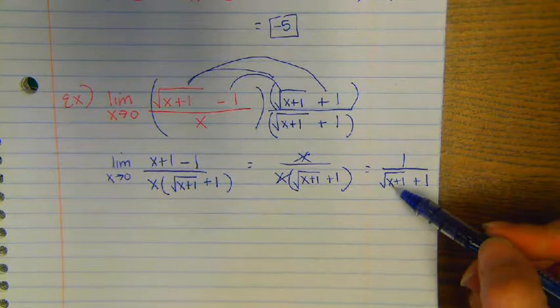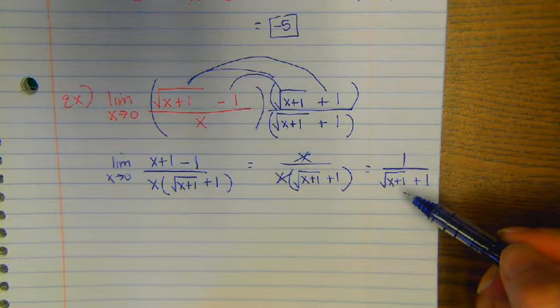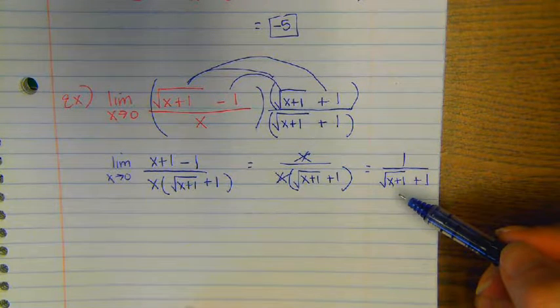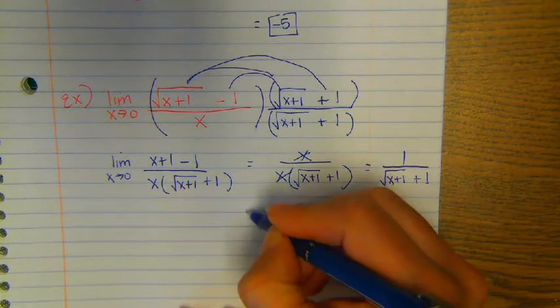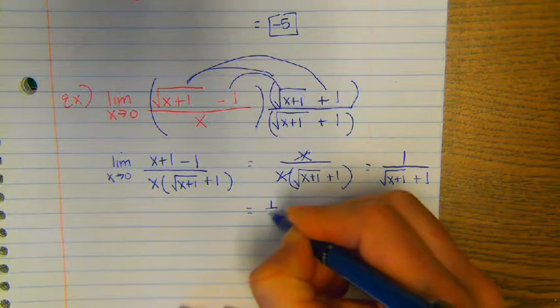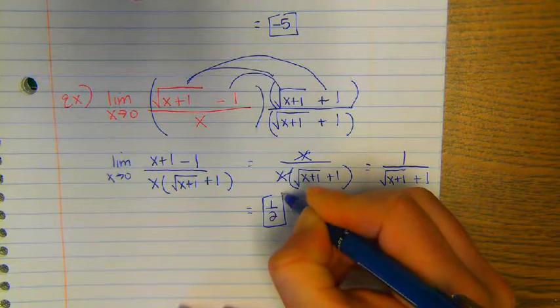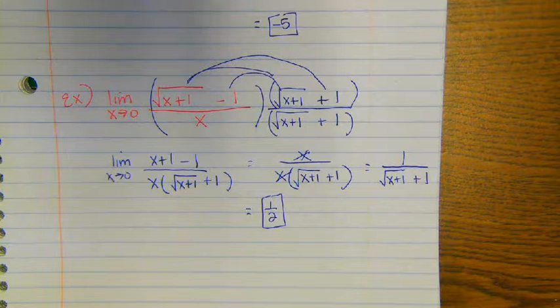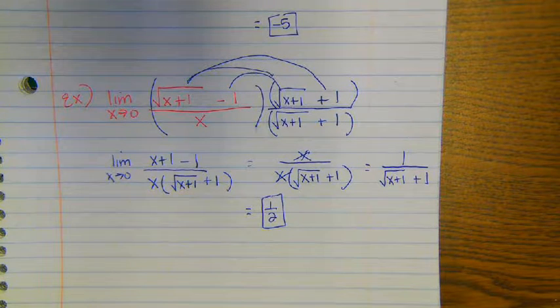So yep, 0 plus 1 is 1, square root of 1 is 1. On the bottom I have a 2. This is a limit of 1/2. And once again, what you would see on the graph is it ends up being some kind of a square root function, but it just looks like a hole. You can see the values approach the same thing from both sides.